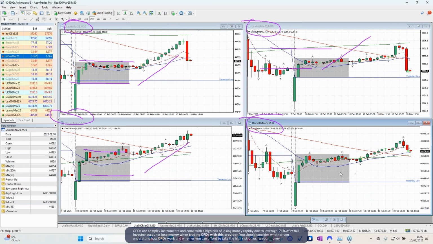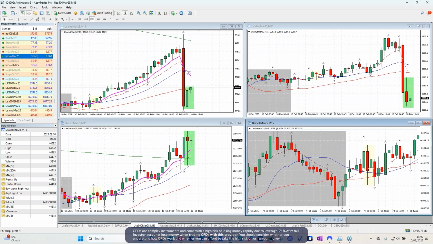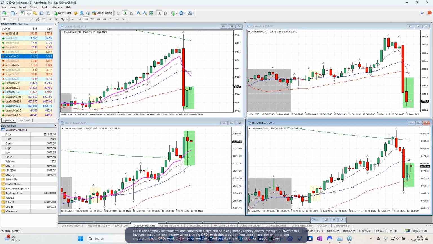What we can also see is the opening of the US session here. I'm going to go down to the first 15 minutes on these charts. The internet seems to have slowed down a little bit. Apologies for that. But what we can see is the opening of the Dow, the opening of the Russell, and here the opening of the S&P as well.